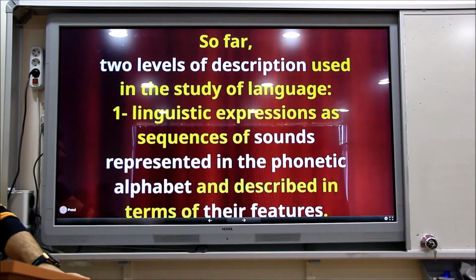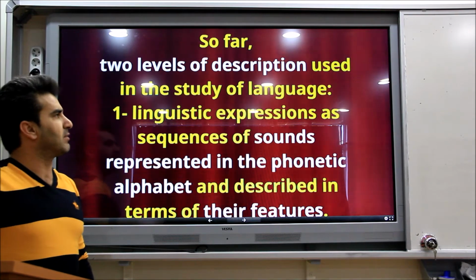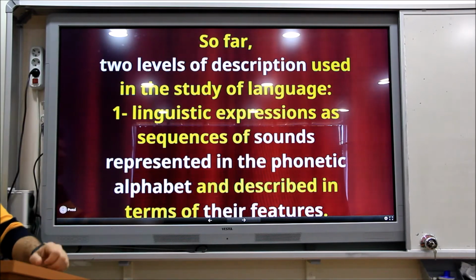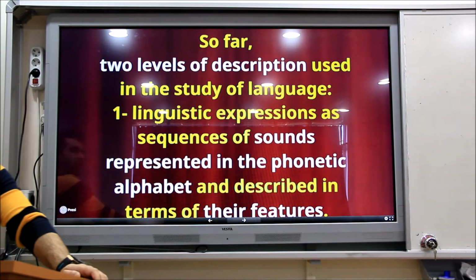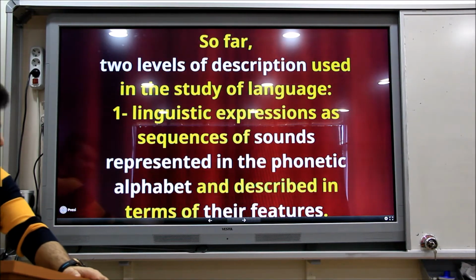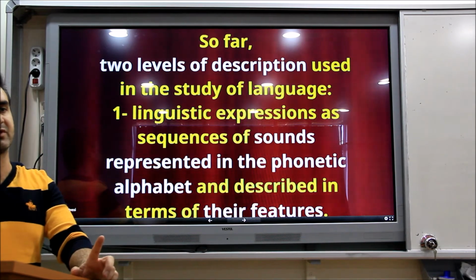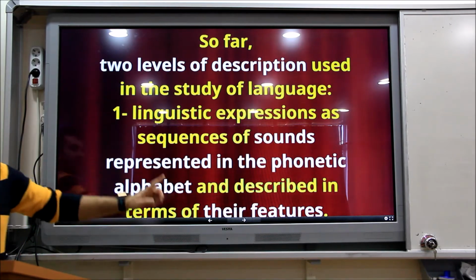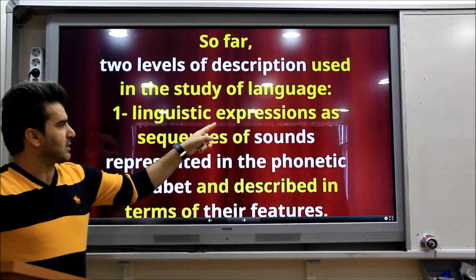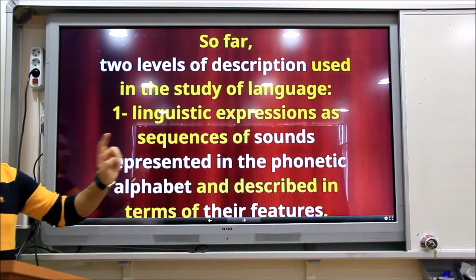So far, we've looked into two levels of descriptions used in the study of language. The first level was the linguistic expression, a sequence of sounds represented in the phonetic alphabet and described in terms of their features. That was the first level. Remember? Now, linguistic expressions, but these expressions represented in the phonetic alphabet.